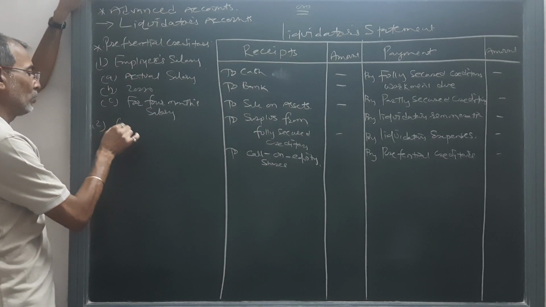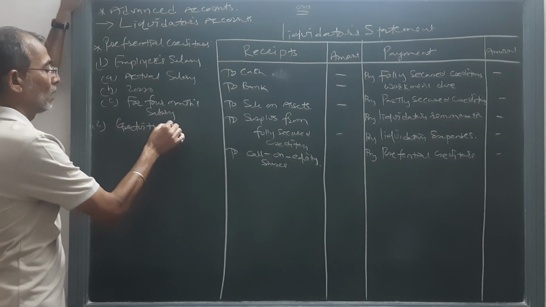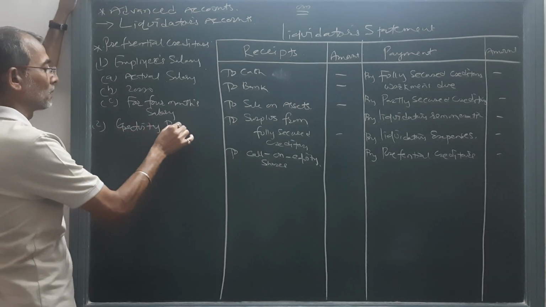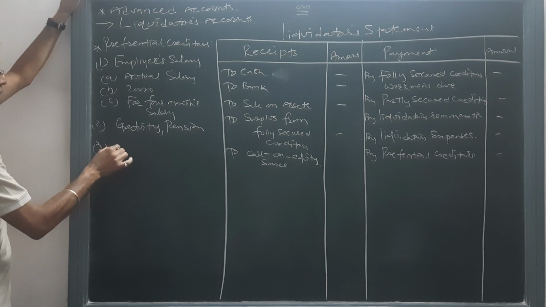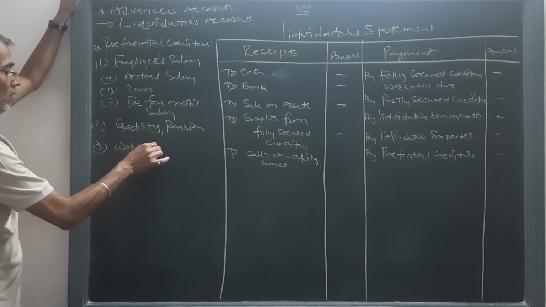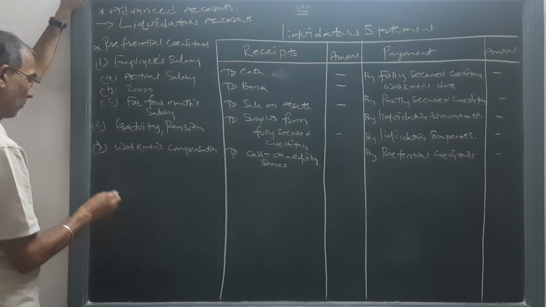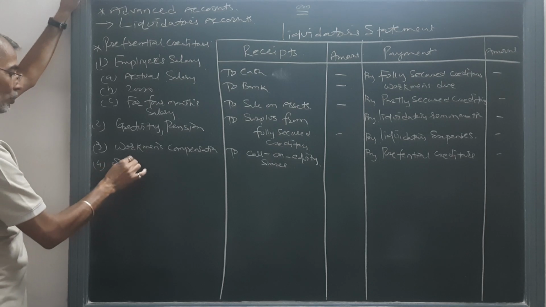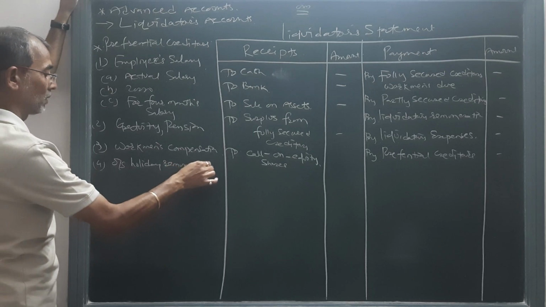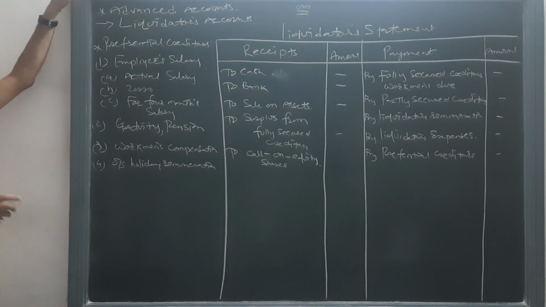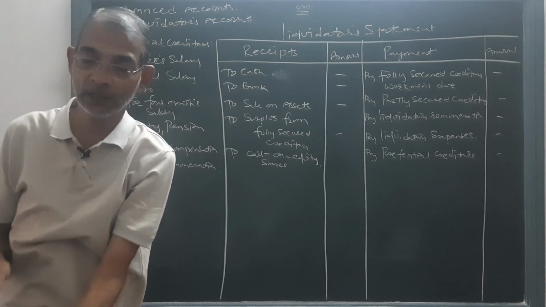Then after, gratuity, pension, workmen's compensation, outstanding holiday remuneration. These items are included in preferential creditors.